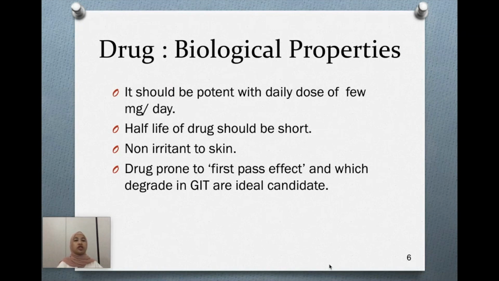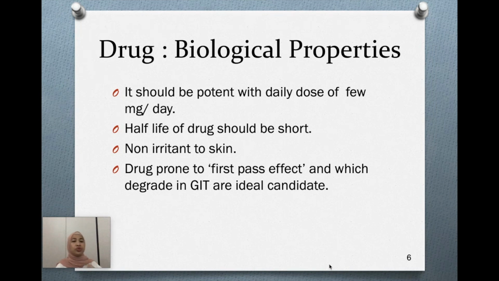Now, biological properties of the drug. Of course, it should be potent, with a daily dose of just a few milligrams. Like I said, you can't have paracetamol in your drug delivery system where you need at least 1,000 milligrams per dose, and you have to take it 4 times a day. So that's not suitable for a transdermal drug delivery system. The half-life of the drug should be short, and it should be non-irritant to the skin.